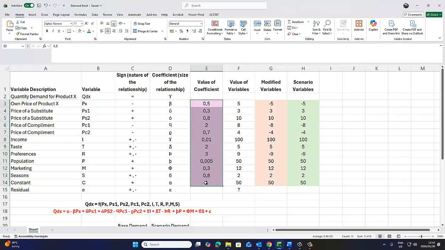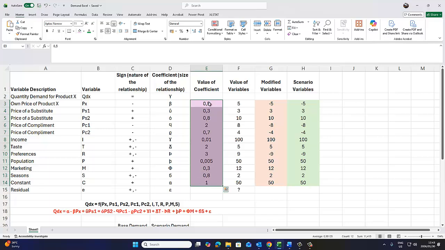So this is by how much these variables will influence the quantity demanded if these variables increase or decrease by one. And that is the size of the relationship. So that's important. It is the sign, which is the nature of the relationship, and the value of the coefficient, which is the size of the relationship.